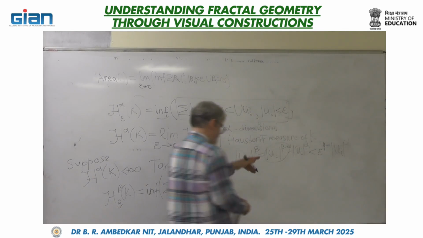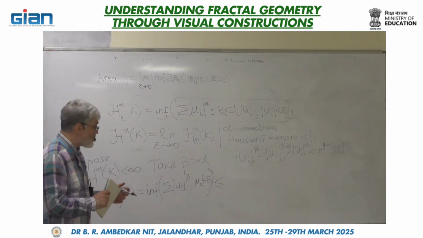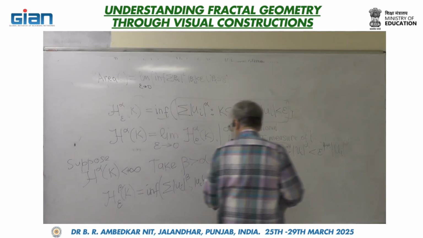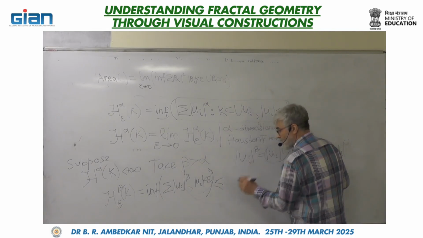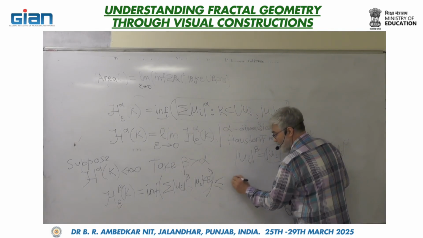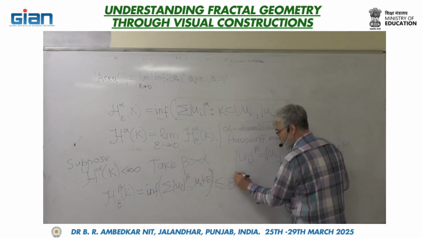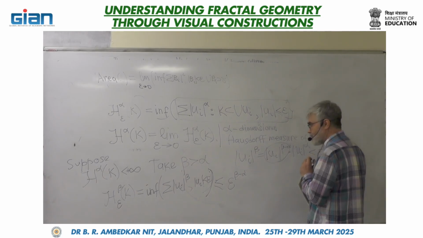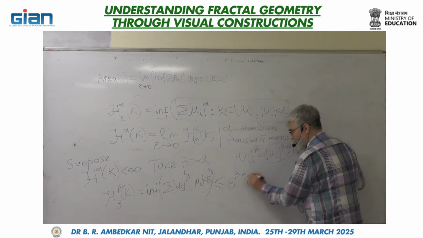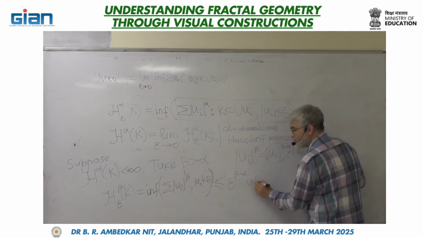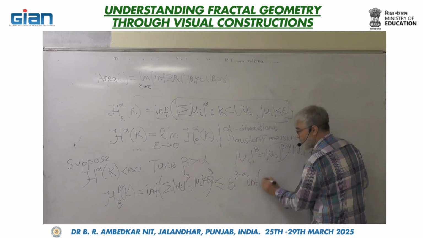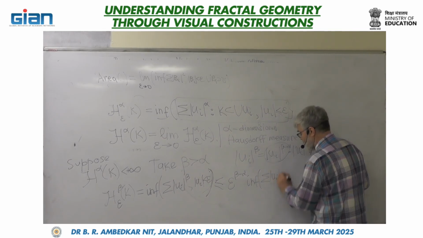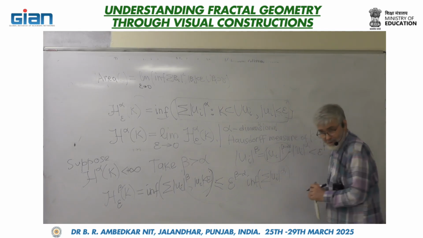Do you see what I write? Then it will be less than epsilon to the power of beta minus alpha, right? Multiplied by the infimum of the sum of U_i to the power of alpha, right?